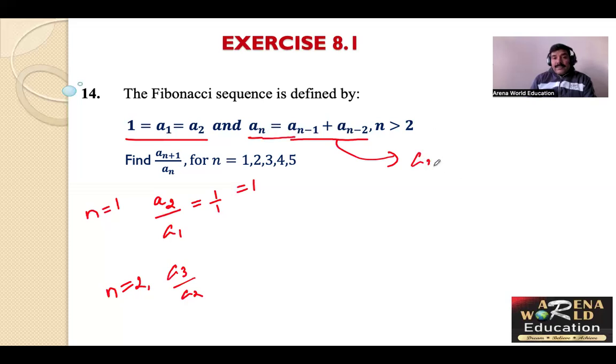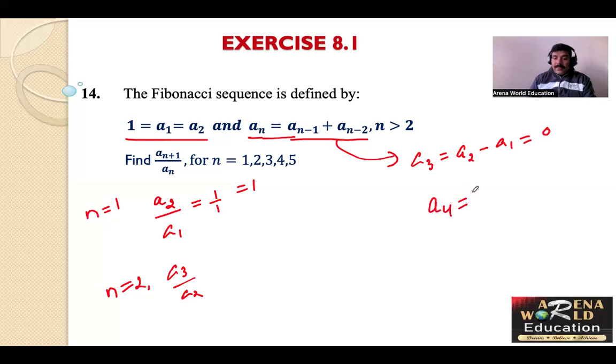Let us start with a3. a3 is equal to a2 minus, by substituting n equal to 3, so 3 minus 1, 2. So 3 minus 2, 1. So a2 minus a1. Both are 1, both are the same, so this will be 0. So a3 is 0.